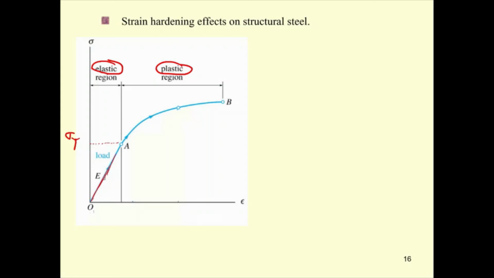That means if you pull the steel to a 2 centimeter elongation and you release the force, the steel is going to contract to its original length. For example, 1 meter, you pull it to 102 centimeters and you release the force, it just goes back to 100 centimeters. That means the steel is in elastic behavior.